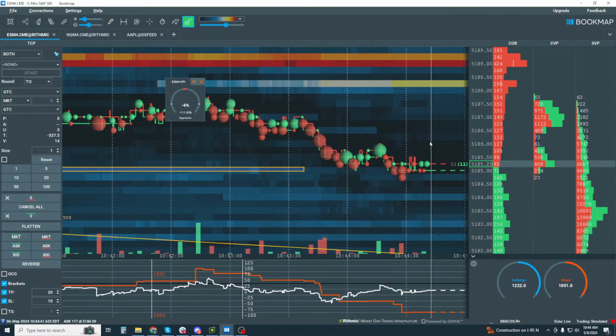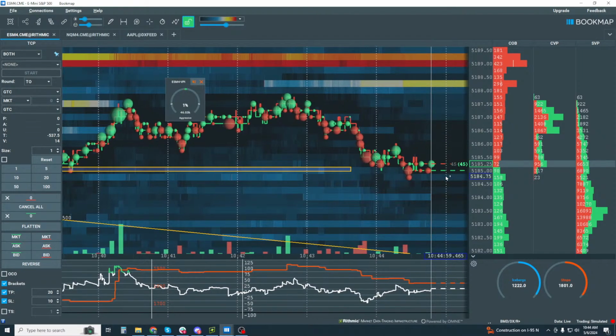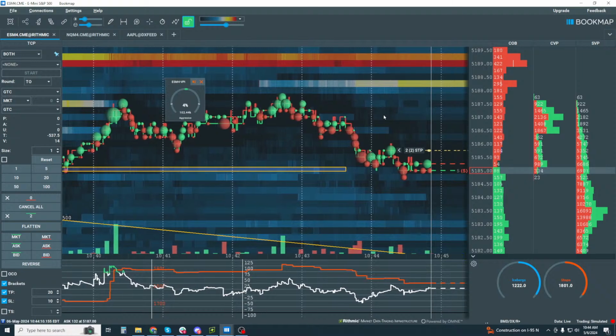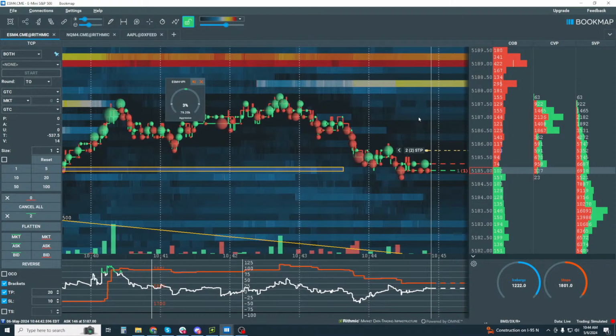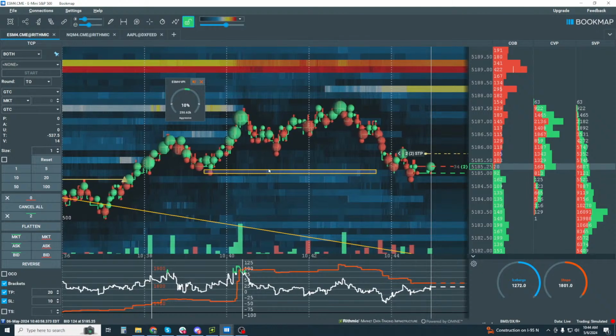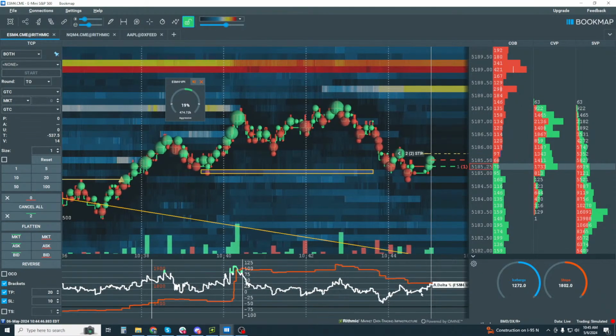Okay, so let's see if we can start to see some buying coming in. The order book looks pretty decent. So we'll put in a couple of buy stops in here. All right, bottom of the range. Did we get an extreme reading here? Not really. That's not good.